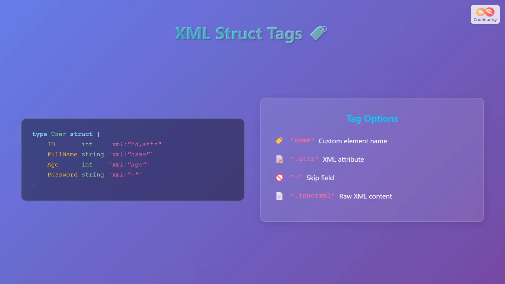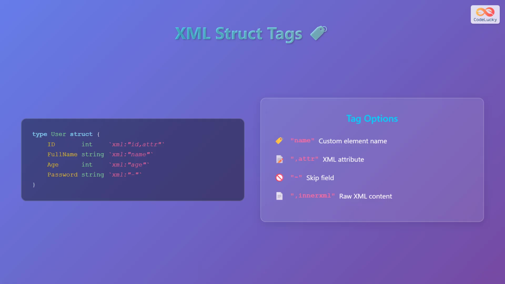XML struct tags provide a powerful way to customize how Go structs are mapped to XML elements and attributes. Here's an example. We define a type called user as a struct. The struct has four fields: ID of type integer, FullName of type string, Age of type integer, and Password of type string. Each field has a tag.